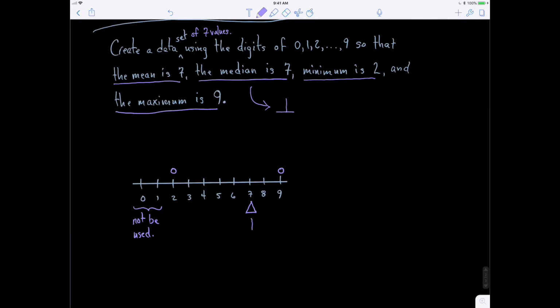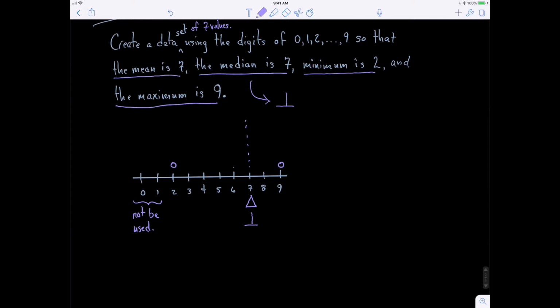We're going to put this tack symbol beneath the mean as well, because in this problem both our mean and our median have to be 7. Let's keep track. At this point I have 1, 2, 3, 4, 5, so I have 5 units left of the mean. And over here I only have 1, 2, so I have 2 units to the right of the mean.